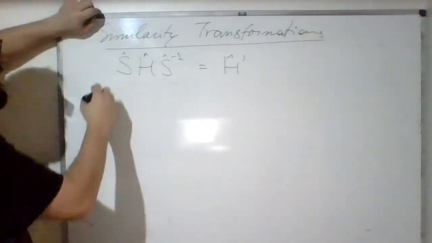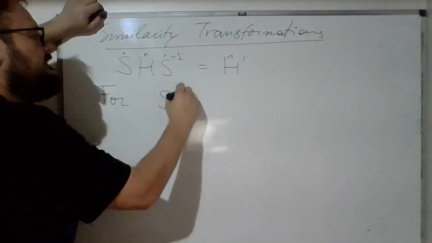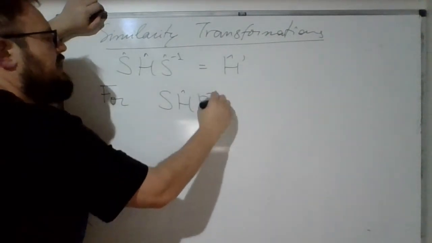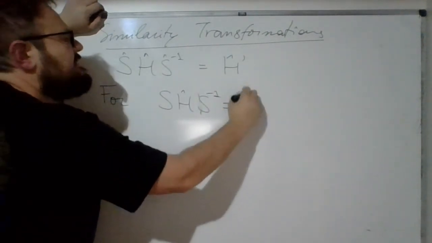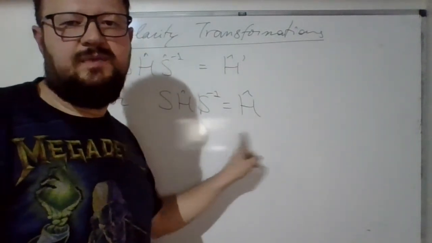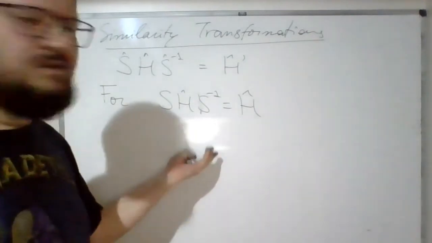But for S times the Hamiltonian times S minus 1 exactly equal to the Hamiltonian, the matrix looks the same after the transformation.